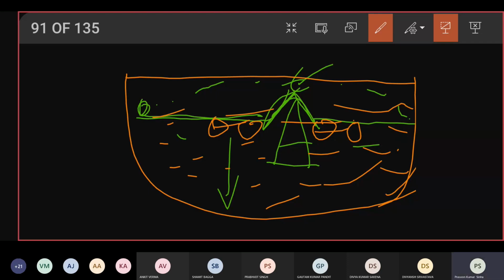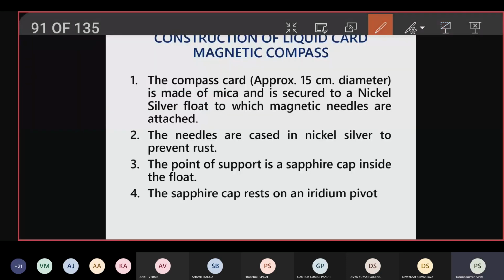Damping means there should be no jerky movement, it should happen slowly and gently, like in a shock absorber. So the compass card will move. Yes, surely it will move, but it will move slowly and settle down at a new place. So there is a special constitution of the liquid here, and of course the compass card. So we'll take a closer look at the compass card construction.